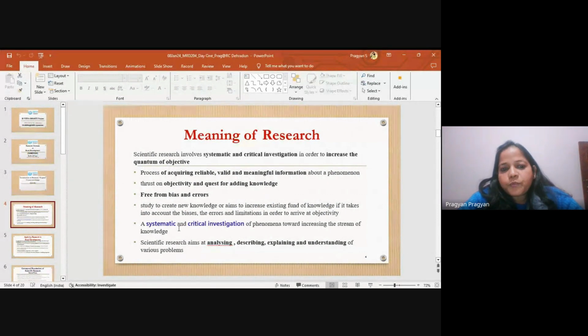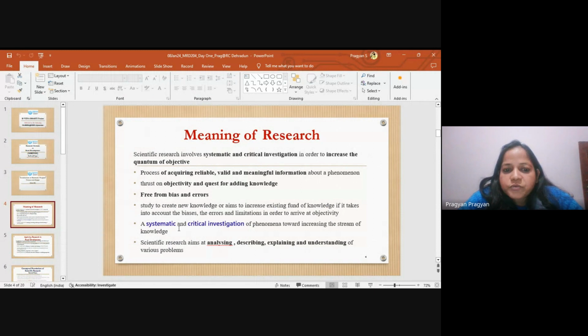So, the whole process of following steps to acquire reliable, valid, meaningful information about a phenomenon, in general and rural development in particular. It is not only a quest for adding on knowledge, rather, it is an objectively conducted quest for adding knowledge.